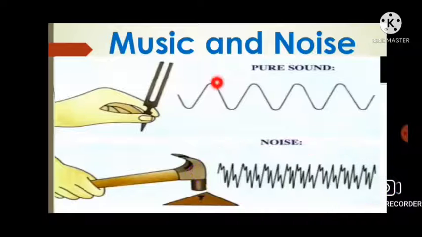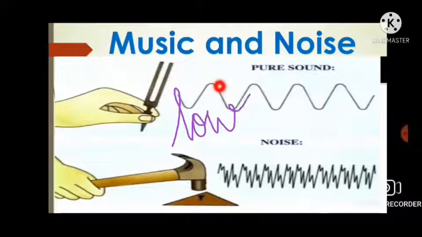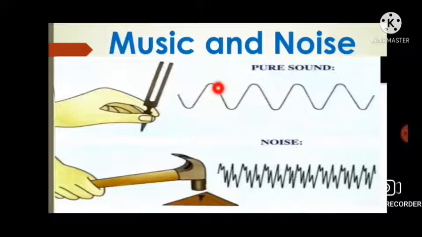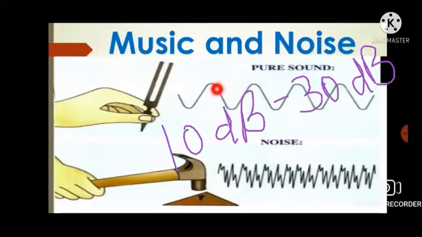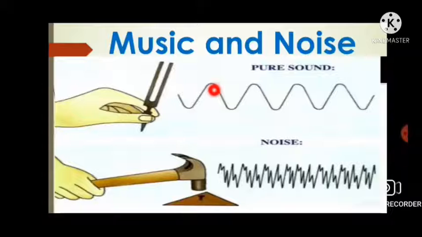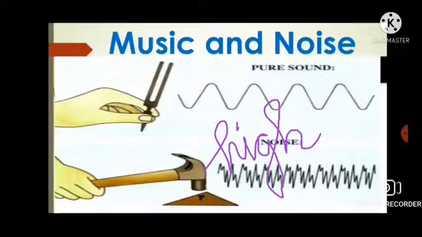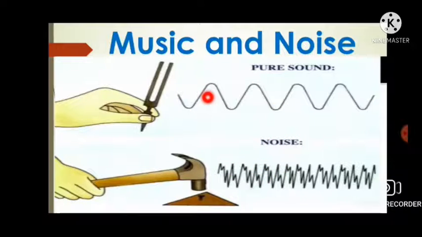The sound level for music is low, which is friendly to human ears, that is between 10 decibels to 30 decibels, whereas the sound level is high in the case of noise. Music produces a regular waveform, whereas noise produces an irregular waveform.